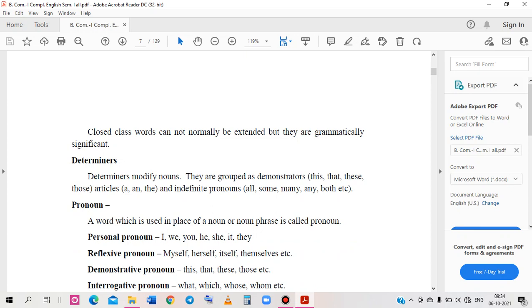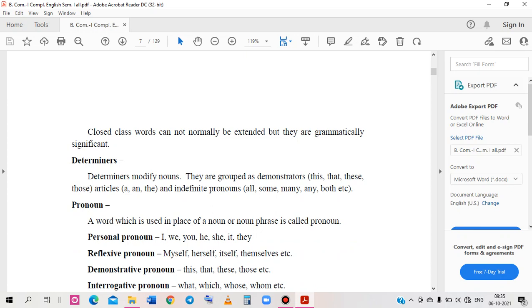Determiners. Determiners modify nouns. They are grouped as demonstrators: this, that, these, those. These are the demonstrators. Articles: a and the, and indefinite pronouns: all, some, many, any, both. So demonstrators, articles, and indefinite pronouns are included in determiners.